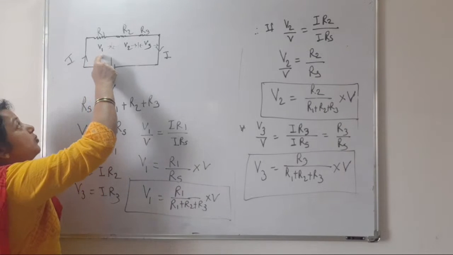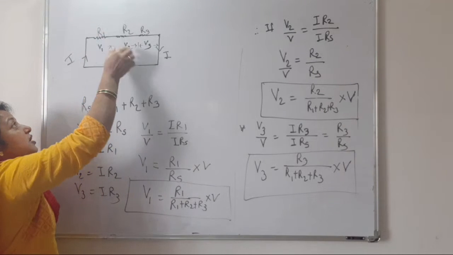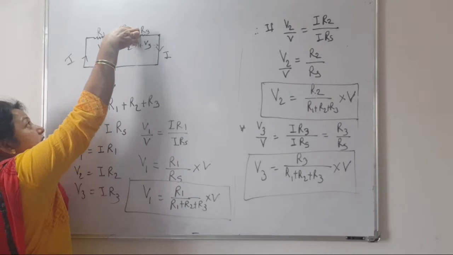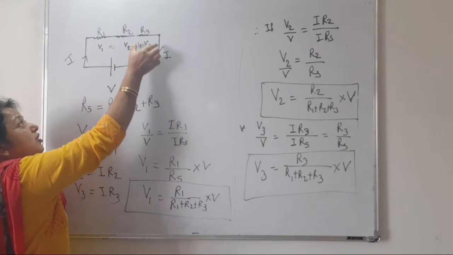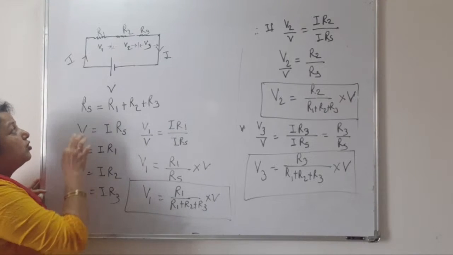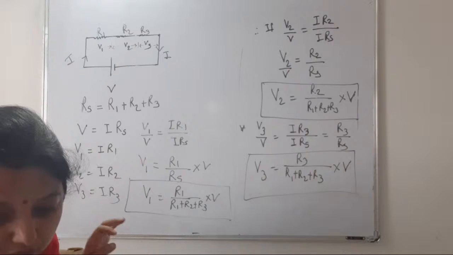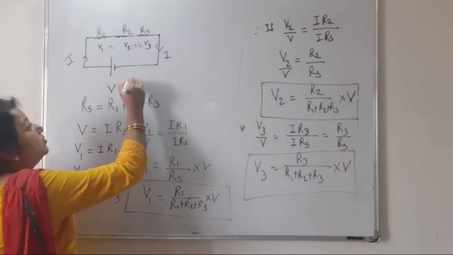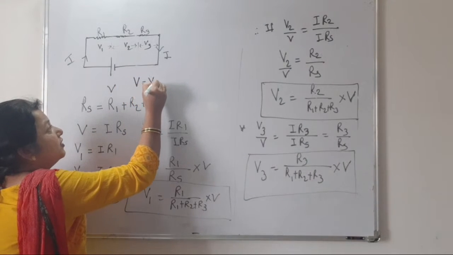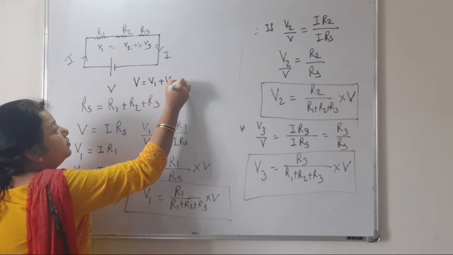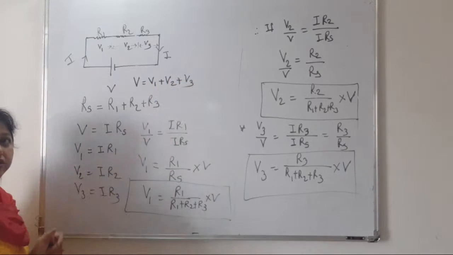So V1 is the potential drop across R1, V2 is the potential drop across R2, V3 is the potential drop across R3. So V is equal to V1 plus V2 plus V3.